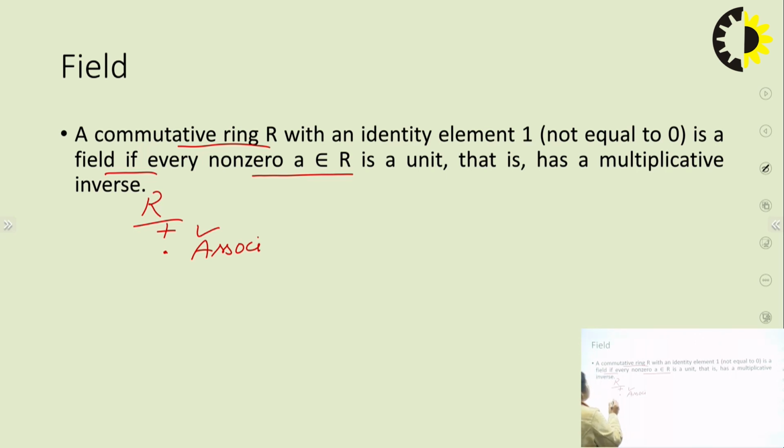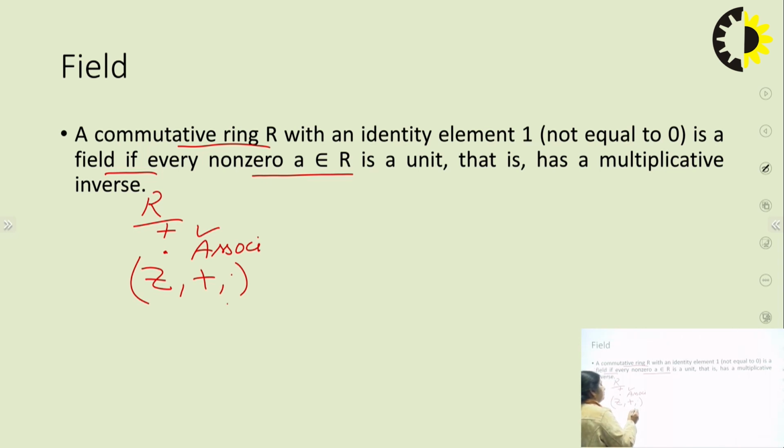So if I check Z with addition and multiplication, in this particular set I have commutativity true with multiplication. I have identity element 1 because 1 is an integer. But not all non-zero elements have a multiplicative inverse.